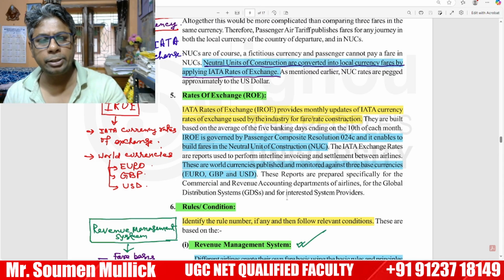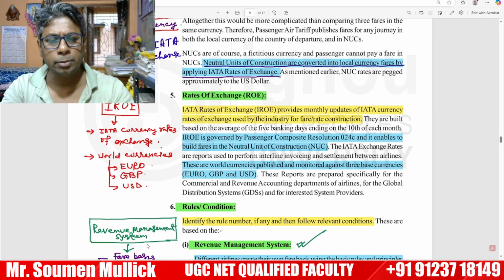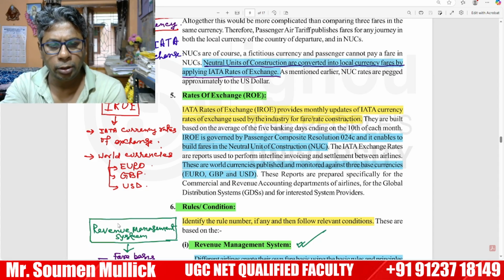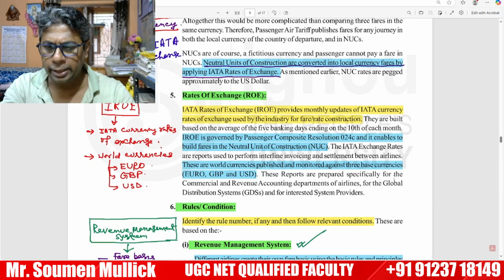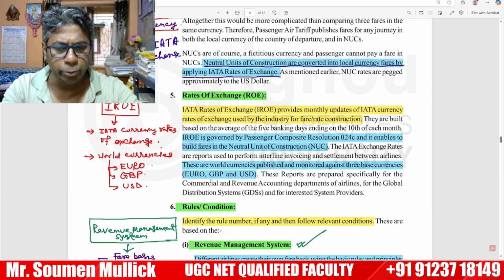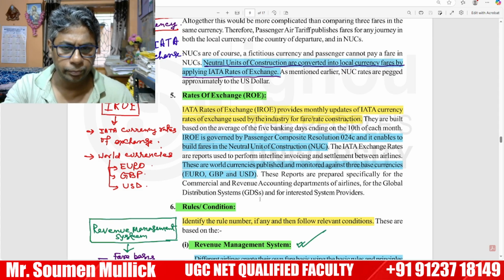Now, IATA rate of exchange is very important. According to world currency, IATA rate of exchange has been controlled. World currencies are published and monitored against three basic currencies, mainly Euro, GBP, Great Britain pound, and US dollar.